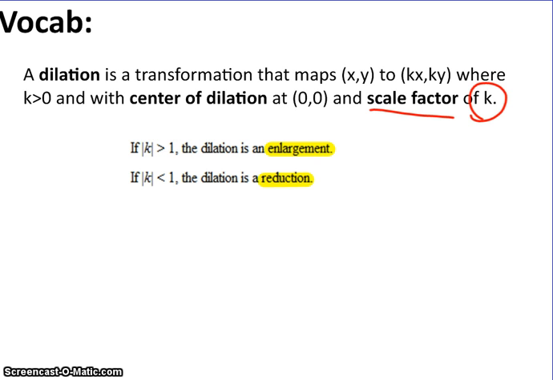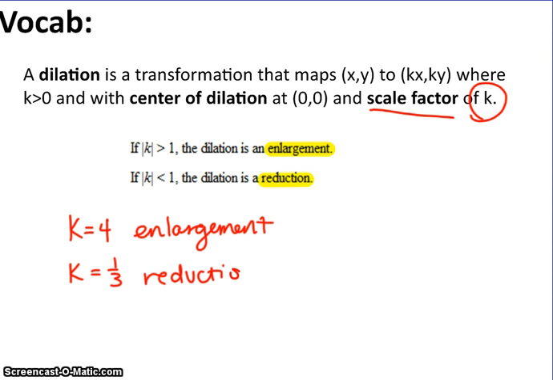So for example, if I have k equals 4, 4 is larger than 1, so this is an enlargement. If I have k equals 1/3, k is less than 1, so that is a reduction. Now, if I have k equals -2, this is where the absolute value comes into play.